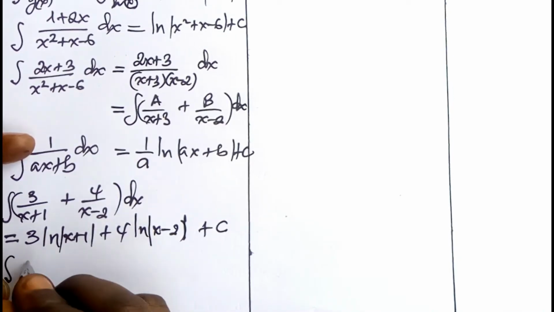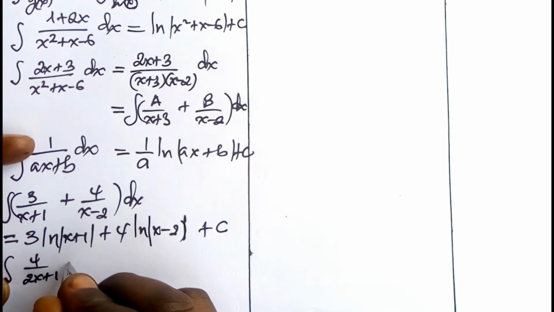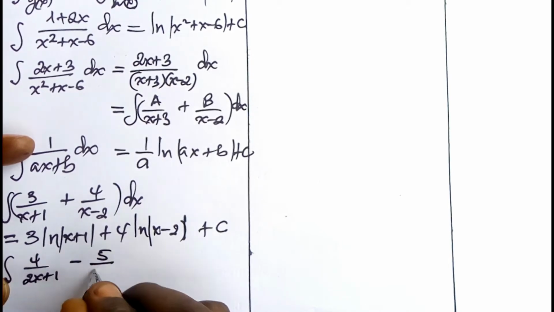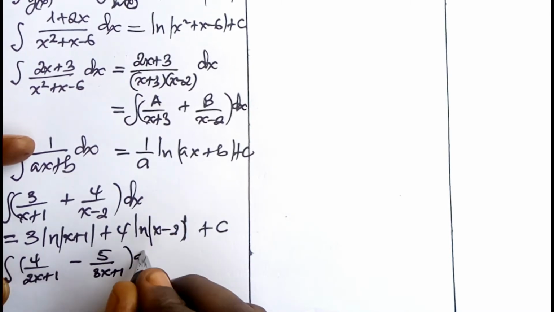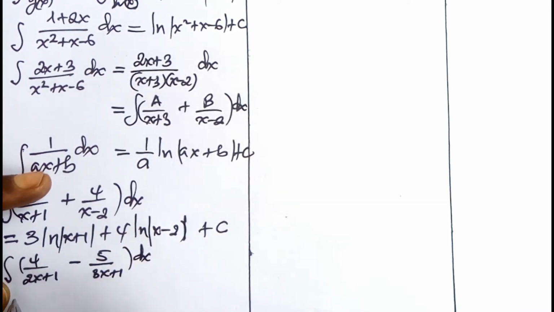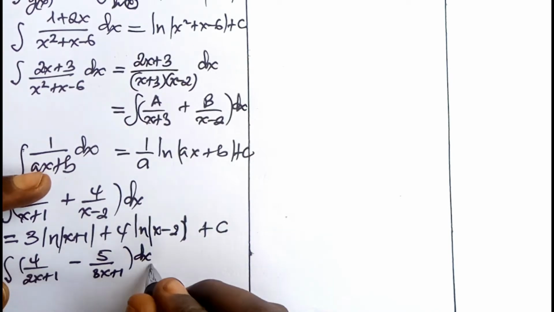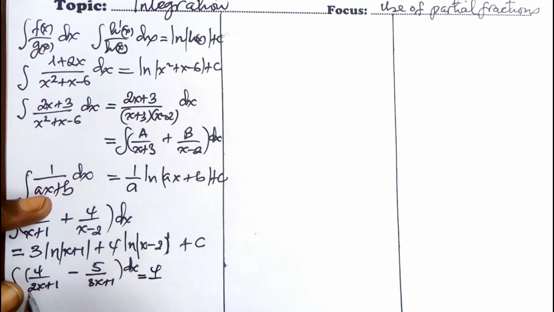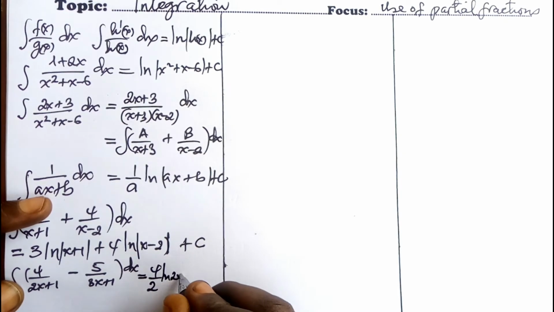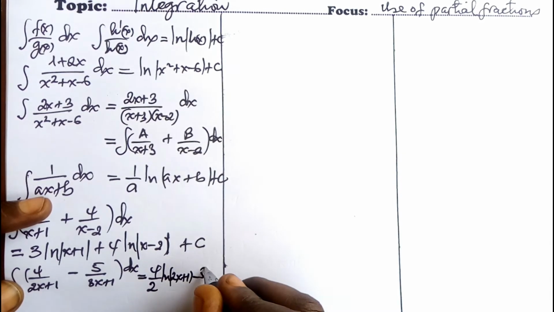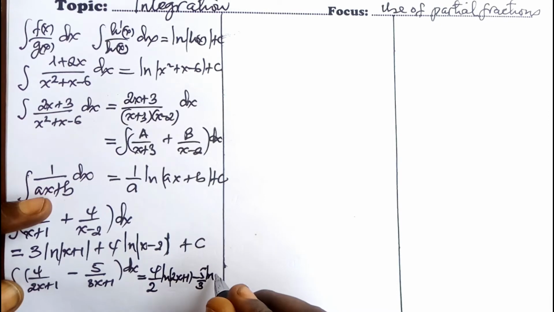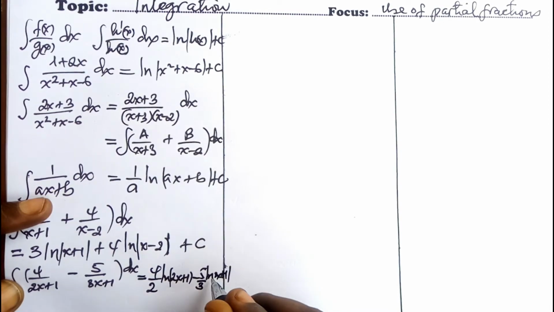If I had instead 4 all over 2x plus 1 minus 5 all over 3x plus 1 dx, after doing the partial fractions, my result would be 4 divided by the coefficient of x at the denominator, that means the differential of the denominator, which gives 2, then ln of the denominator, minus 5 again divided by the differential of the denominator, which is 3, then ln of the denominator, which is 3x plus 1, plus the constant of integration.